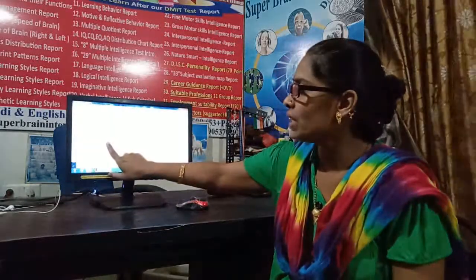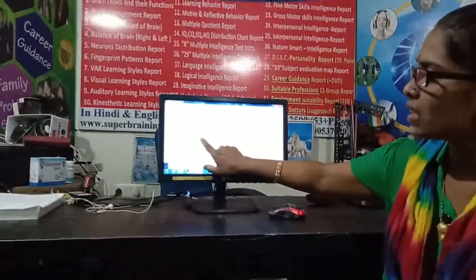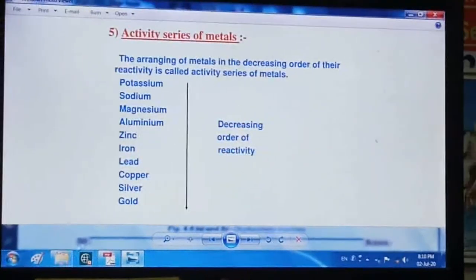Now, of the metals we have seen in the activity, we have seen zinc, iron, and copper. So just remember their sequence: zinc, then below that iron, below that copper.